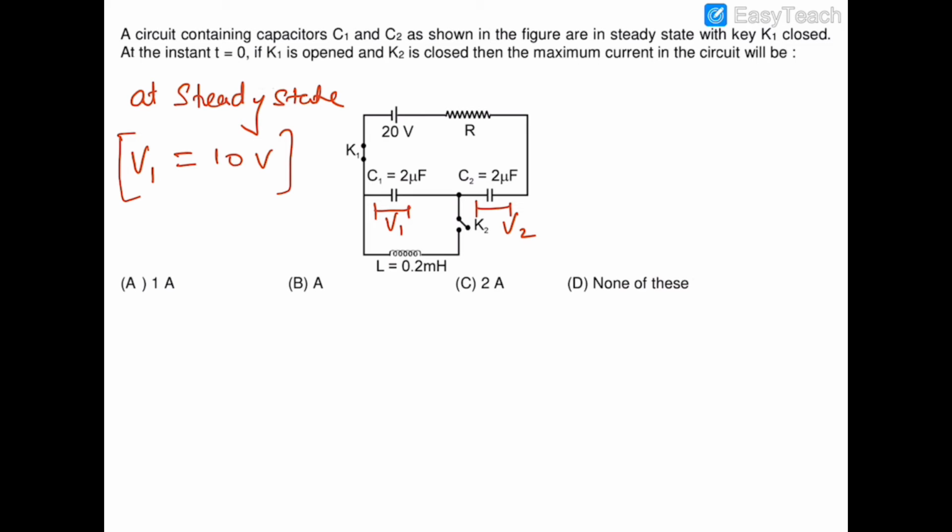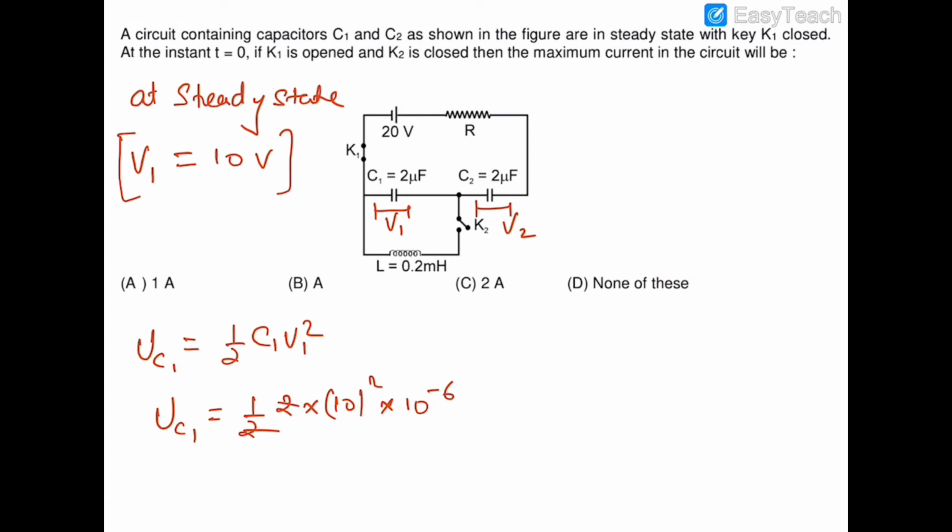So the energy stored in this capacitor C1 will be equal to half C1 V square. So UC1 is equal to half, and C1 is 2 microfarad and V1 is 10, into 10 raised to power minus 6. So this is 10 to the power minus 4 joules, the energy stored in C1.